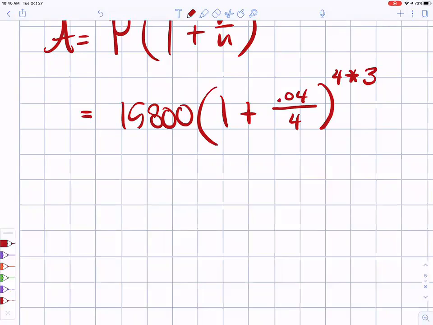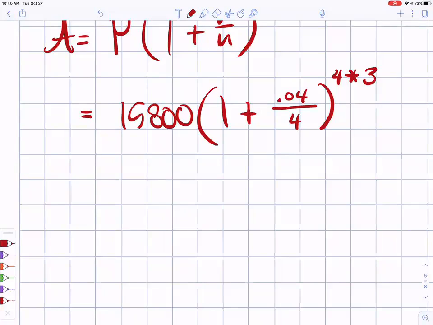All right, and you're going to type in exactly what you see. So type in 15,800. Now, don't get ahead of me because I am going to give you a tip here. Open up a parentheses, 1 plus 0.04 divide 4. You don't need a new set of parentheses. It won't hurt if you have them, you just don't need them.